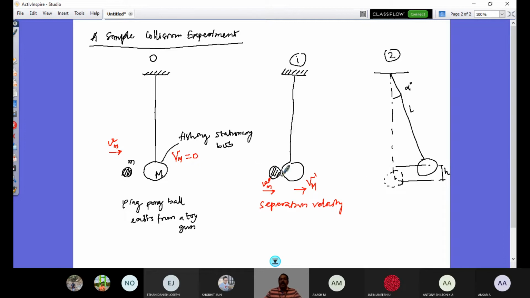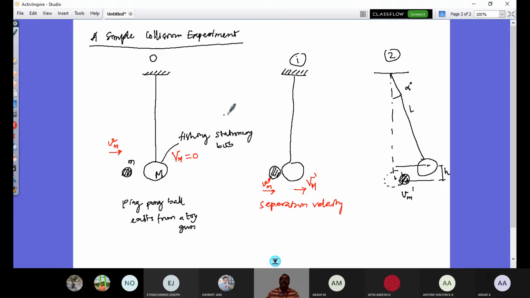Of course, this ball hits and then it goes, and then you have this ball motion here. It is also there, right? This is the velocity after it hits, v m dash, and this is where it has gone, and this is the point where it is going to return its motion. So this is its maximum displaced position.